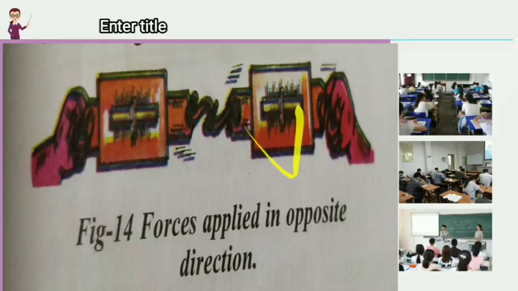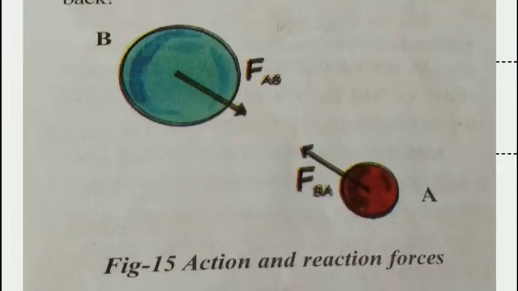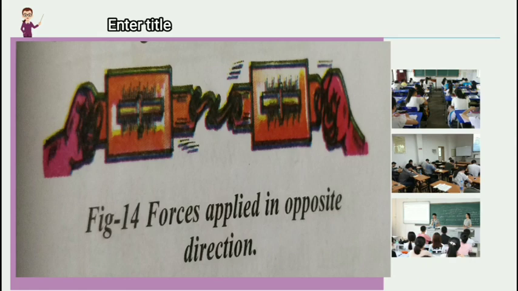I am applying force on one spring balance on the left side and on the other on the right side. But even though the forces are applied in opposite directions, these two spring balances show the same readings. Isn't it? Let us see one more example.